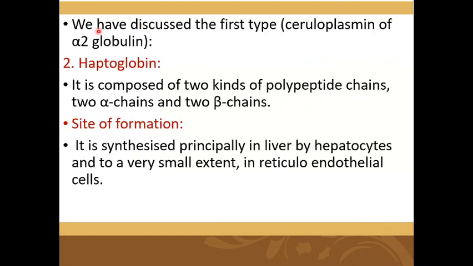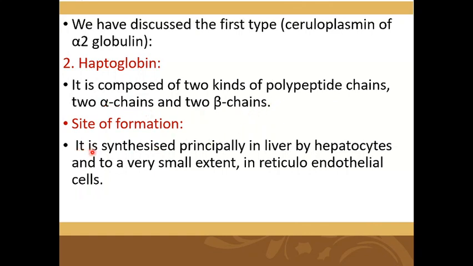We have discussed the first type, ceruloplasmin of alpha 2 globulin. Now we'll discuss the second type, haptoglobin. What is haptoglobin? It is composed of two kinds of polypeptide chain, two alpha chains and two beta chains.